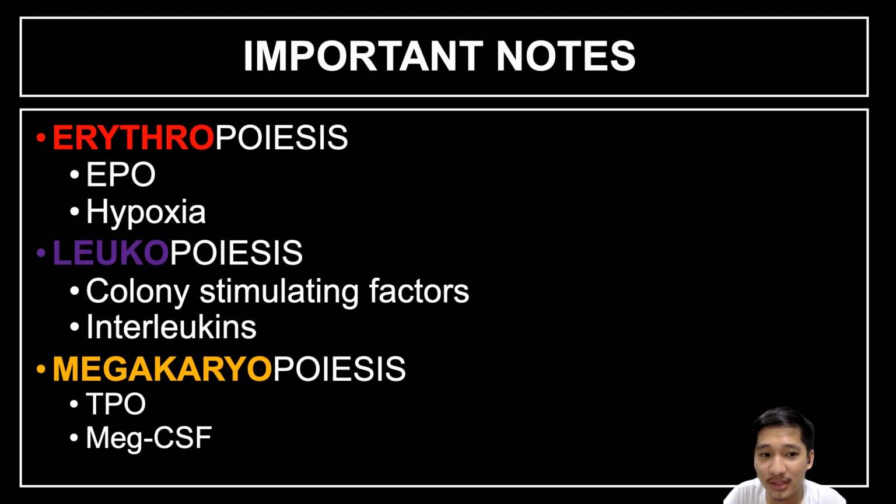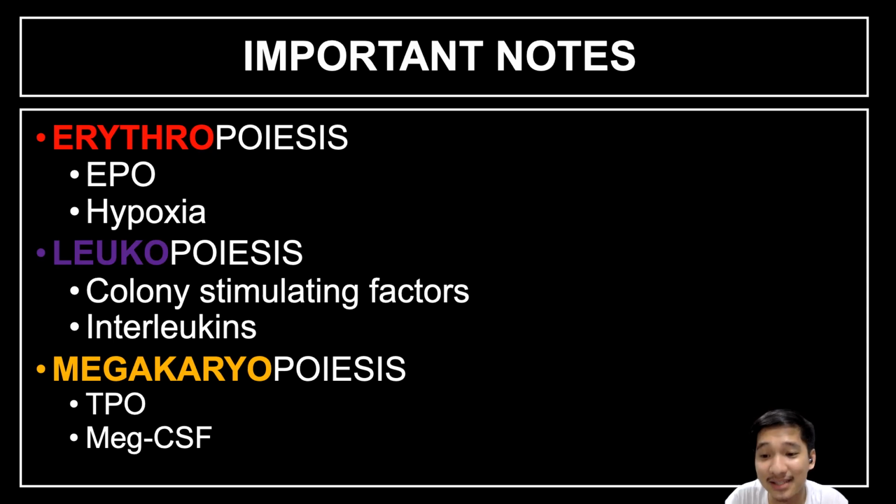Next is leukopoiesis, or WBC formation. It is usually stimulated by the CSF or colony stimulating factors and also by the interleukins. And lastly, we have megakaryopoiesis, or platelet formation, which is stimulated by a hormone similar to EPO called TPO.